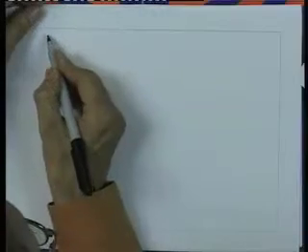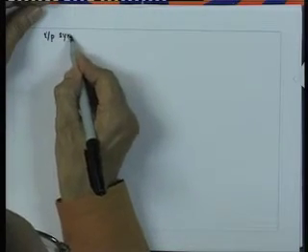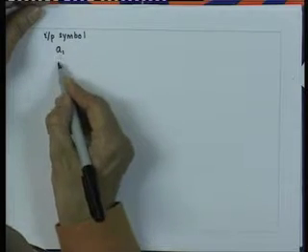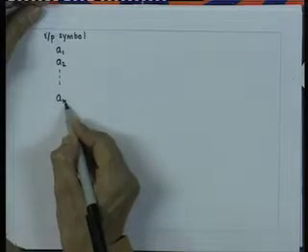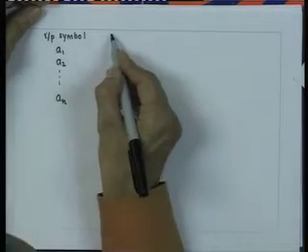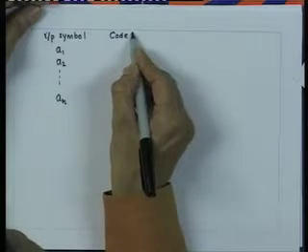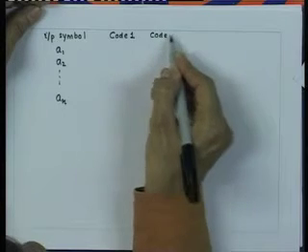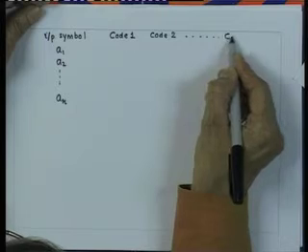So, we have input symbols which are A1, A2 up to AR, and depending on what we receive, we will have that many codes.